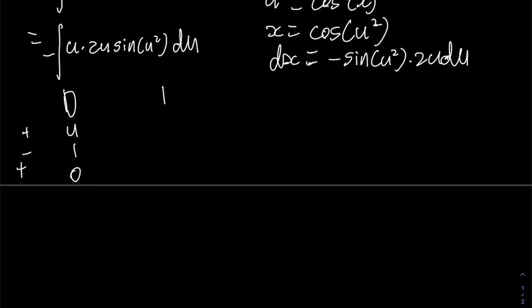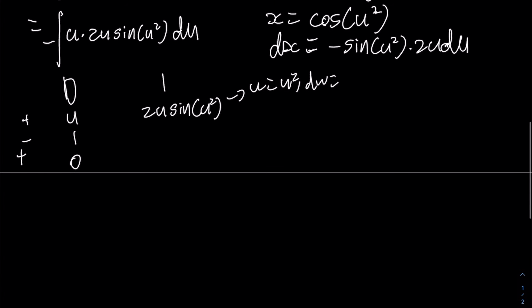And then integrating, we can actually integrate 2u times the sine of u squared pretty easily, because if we take w to be u squared, we'll see that dw is going to be equal to 2u du, and therefore du is going to be dw over 2u, and 2u will very nicely cancel with exactly what we have here.